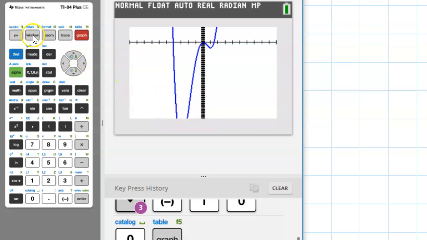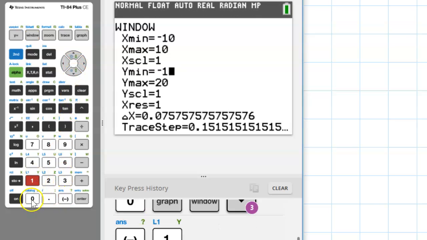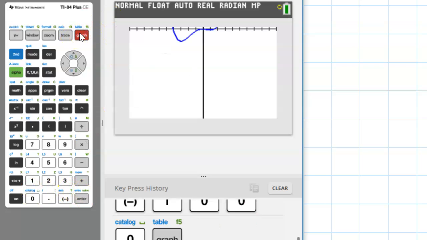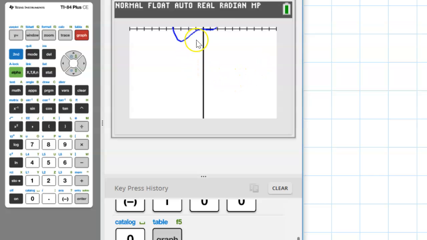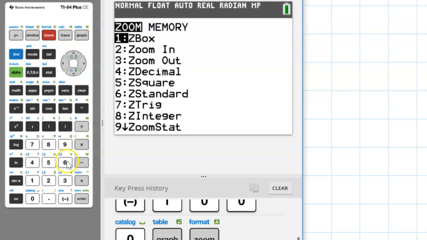And now I really do want to look at that qualitatively. We'll go to 1,000 here. Okay, so now it's so extreme that everything else looks pretty flat, but there definitely is a local minimum here and another local minimum there. So I'm going to go back to the zoom 6 so it's not so extreme.